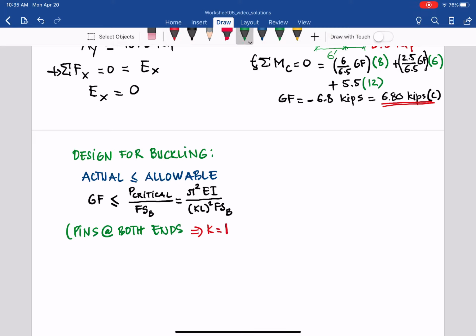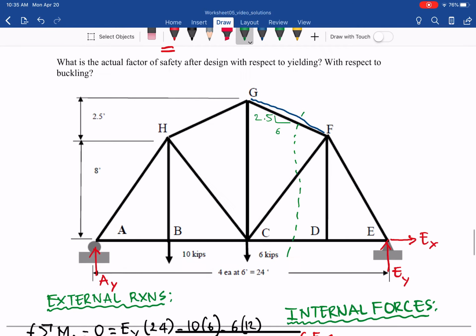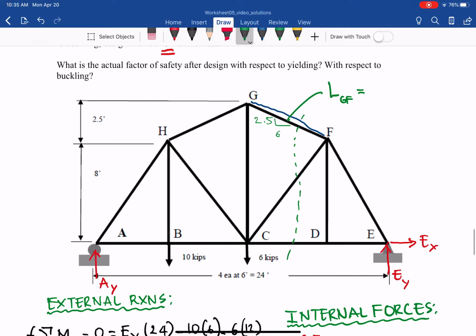So that's what we have for K. How about the L? For this truss member, the vertical is 2.5 and the horizontal is 6, so L of GF equals 6.5 feet.